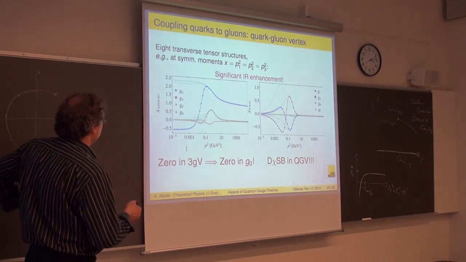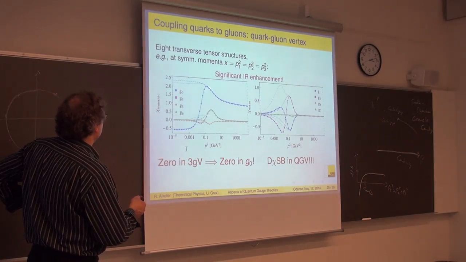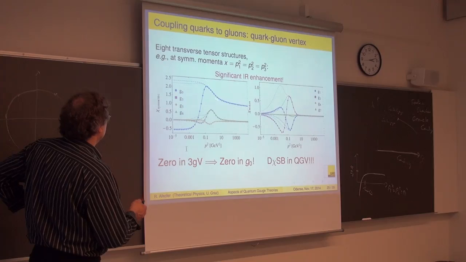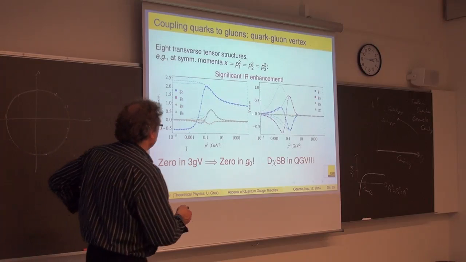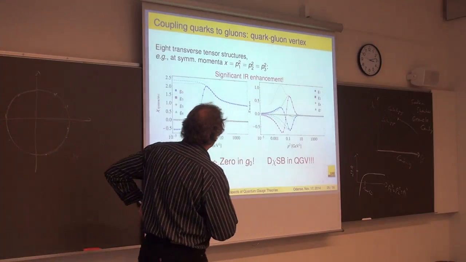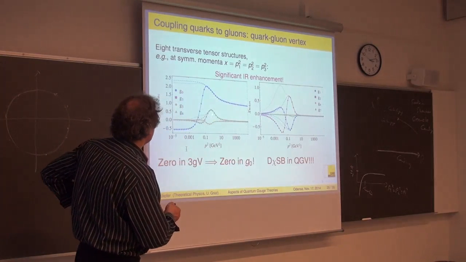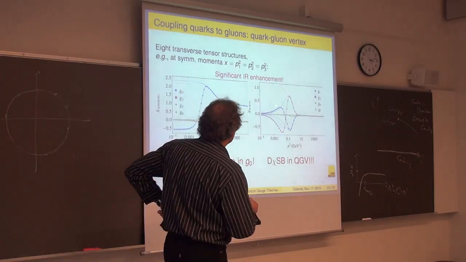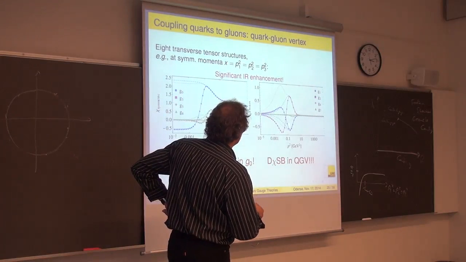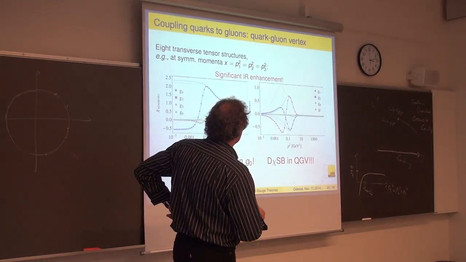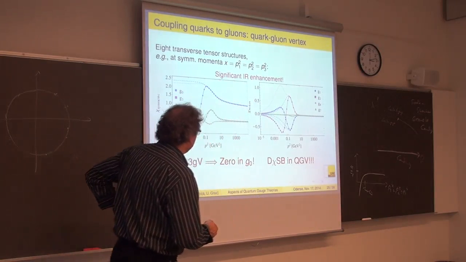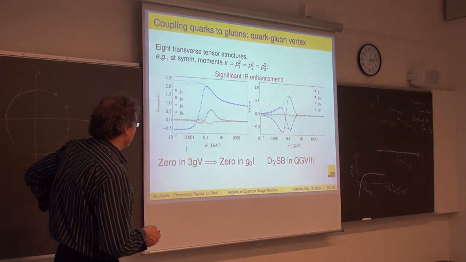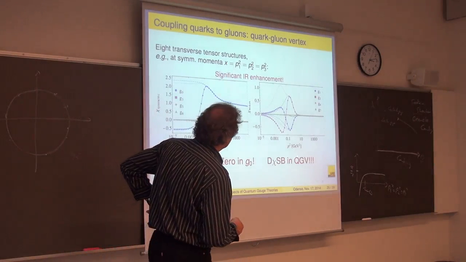And you see that we get some significant infrared enhancement from 1 to 2, and also certain not subleading tensor elements are not so small. But this is also true for those which are only there due to dynamical chiral symmetry breaking. So we very clearly see dynamical chiral symmetry breaking in the quark-gluon vertex.